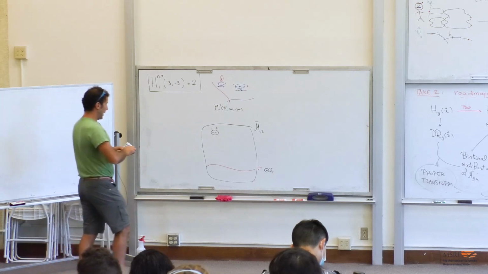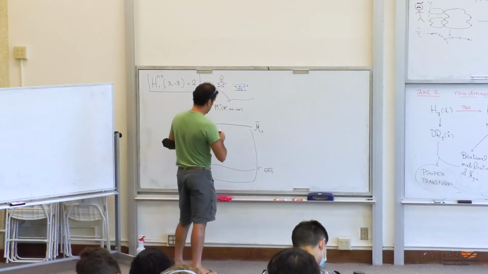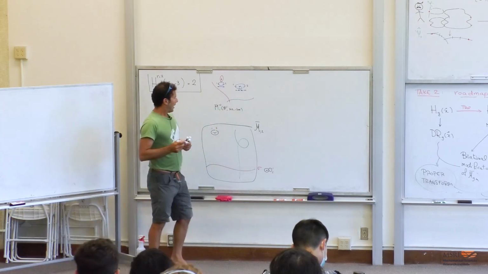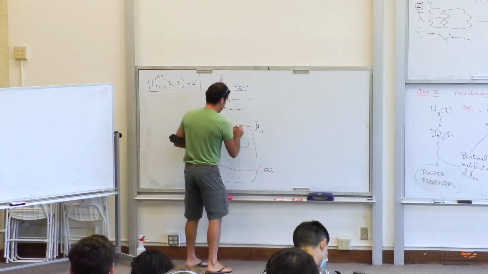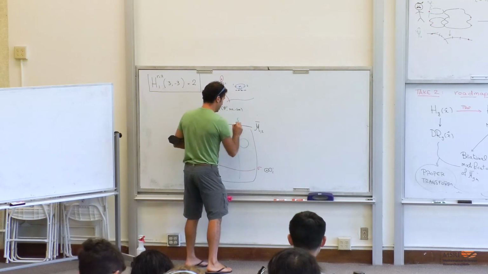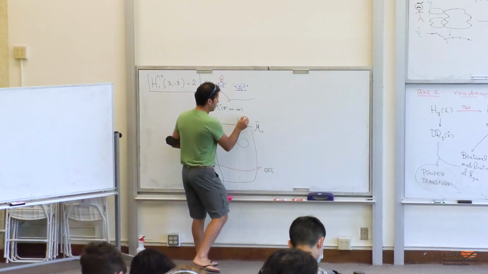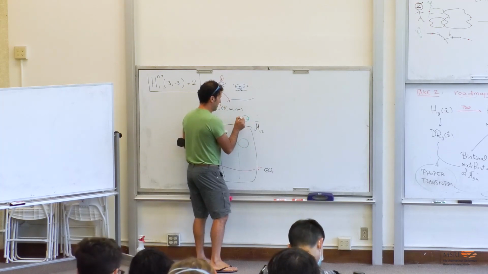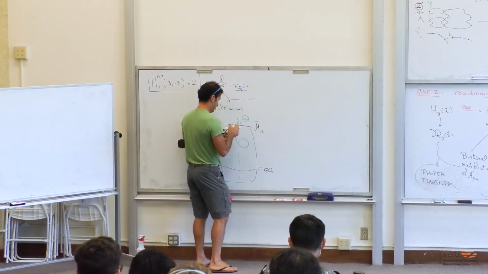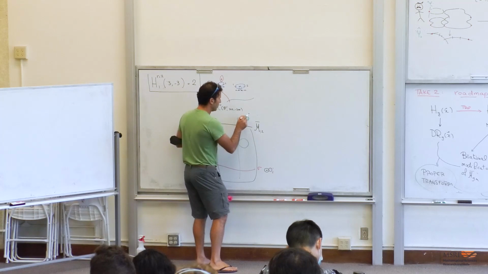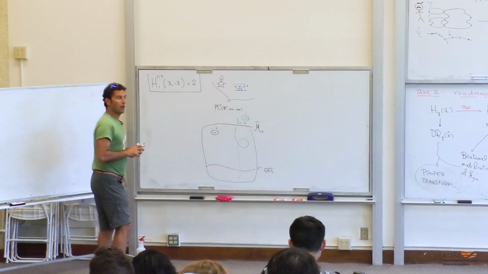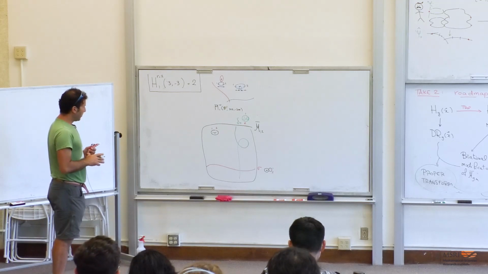And it has another divisor called delta naught that parameterizes curves where the elliptic curve degenerates to a nodal rational curve. And the points 1 and 2 are on this rational component.